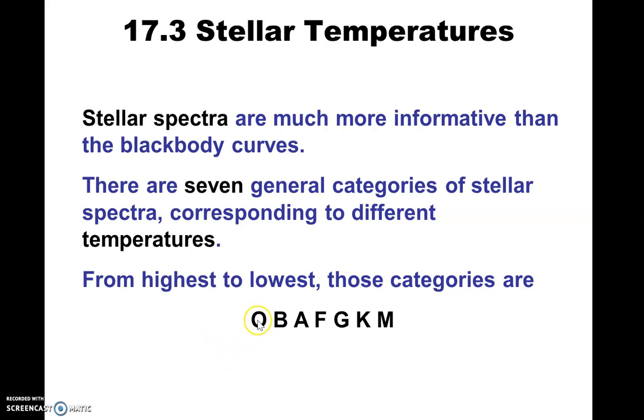And so they just took what was originally called the O stars. Those are the hottest stars. And then comes B stars, A stars, F stars, G stars, K stars, M stars. There's also like L and T. I don't think we're going to talk about those right here.